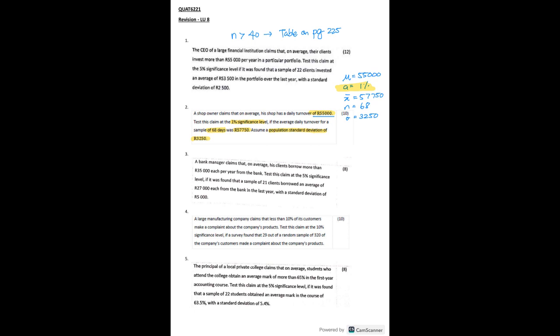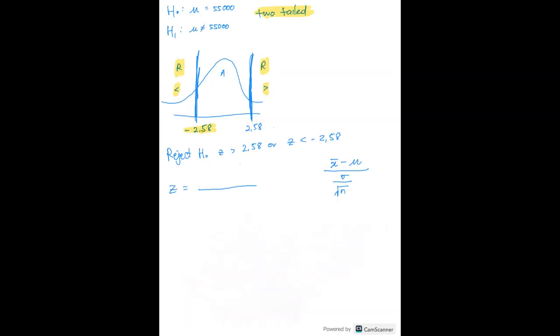So 57,750 minus the 55,000 over your standard deviation, which is, oh sorry, not 2,500, 3,250, over the root of n, which is 68. So 2,750 over 3,250 over the root of 68. This gives you 6.98 as your Z value.